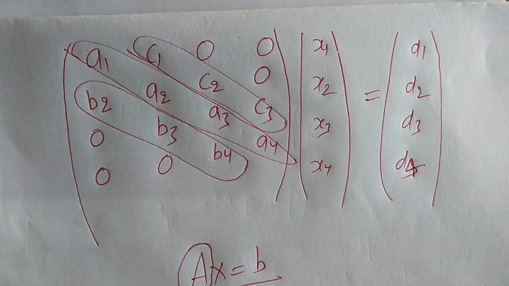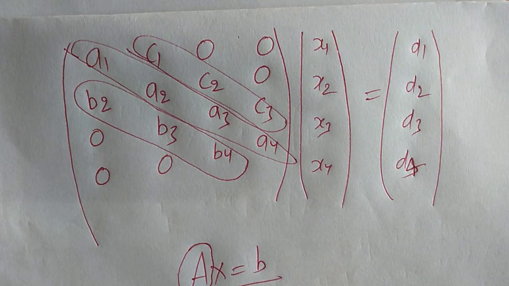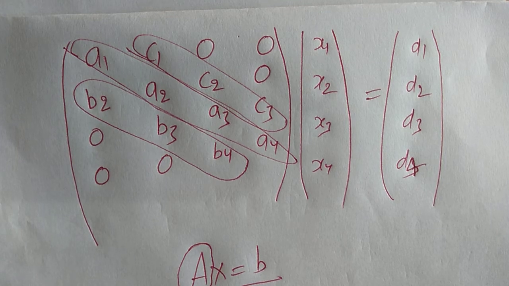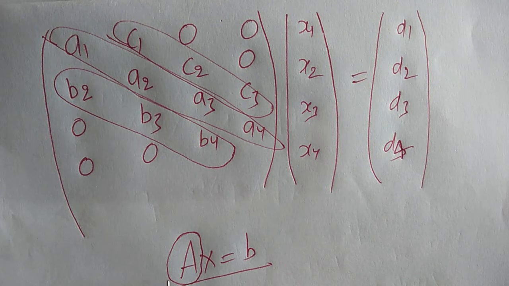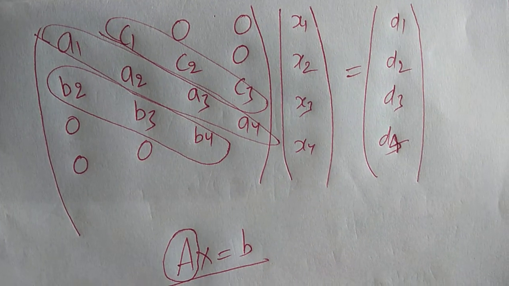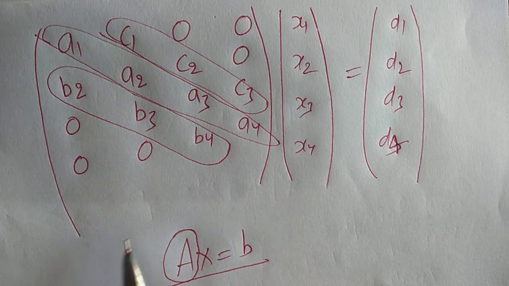So this matrix has three diagonals: the main diagonal, upper diagonal and lower diagonal. This matrix is called the tridiagonal matrix, and the system Ax equal to B, when A is the tridiagonal matrix, is called tridiagonal system of equation.